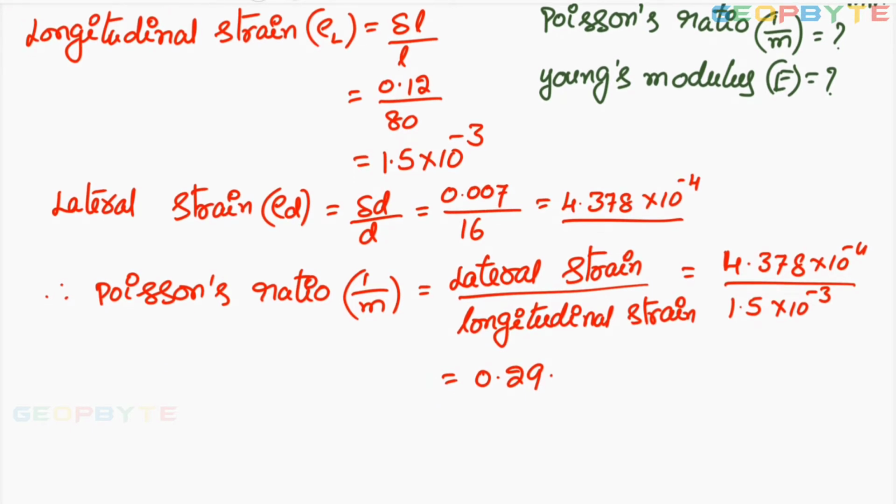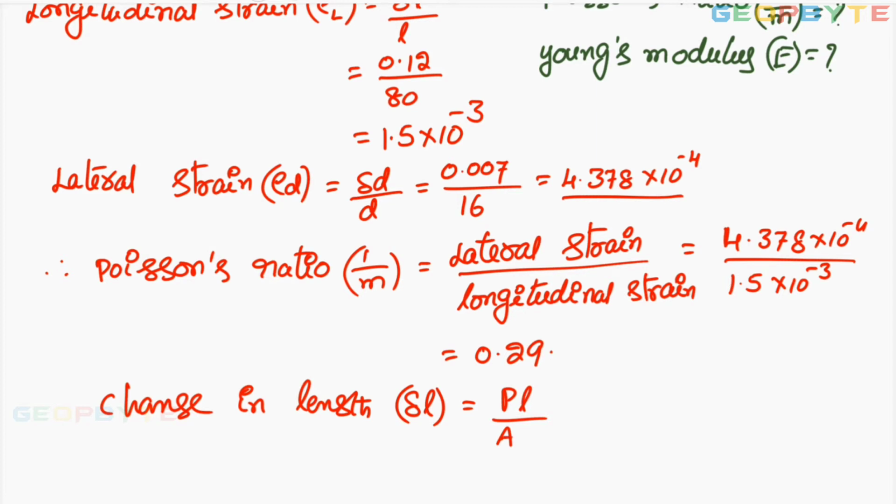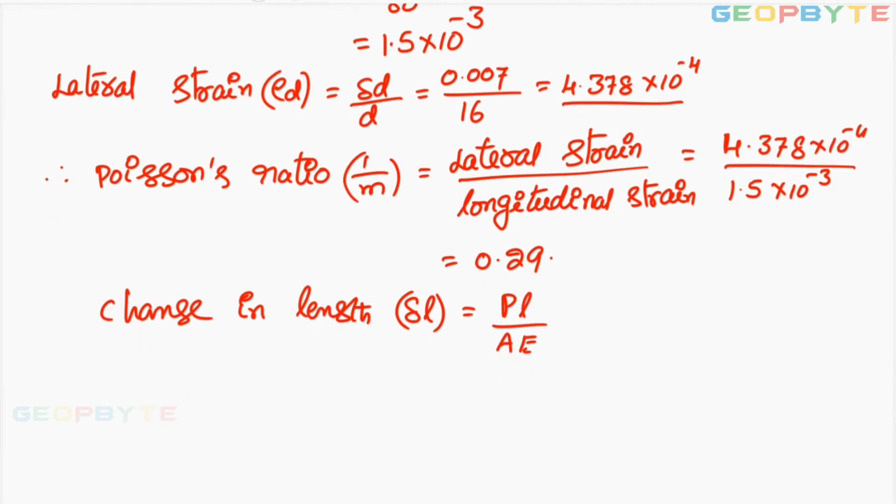Now you are also asked to find the Young's modulus. Young's modulus can be found like this. Change in length delta L equal to PL by AE.